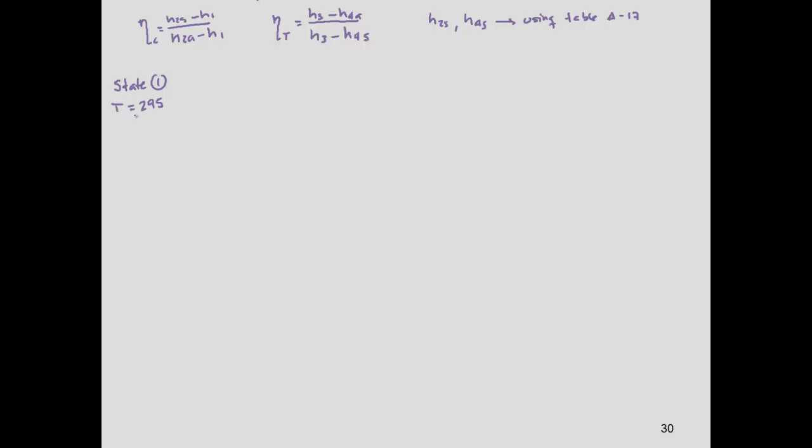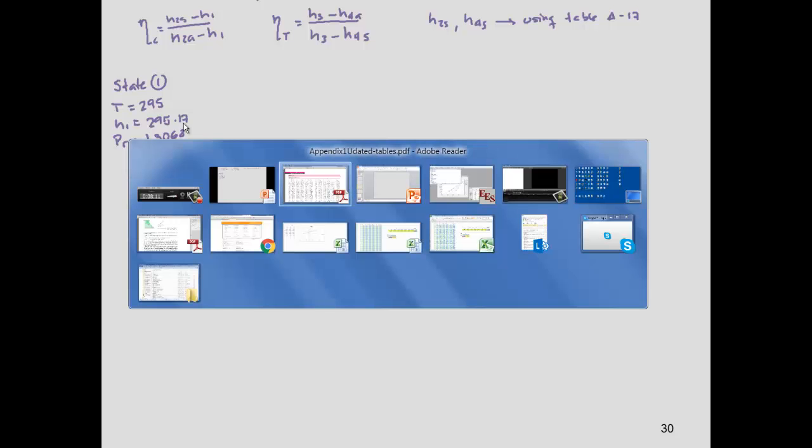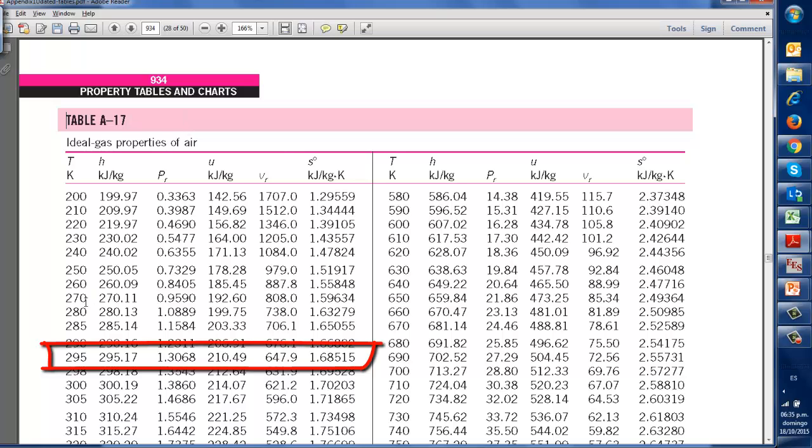With this value we can get H1 to be 295.17, and the reduced pressure will be 1.368. How do we get this number? We get it from our table A17 using this row.